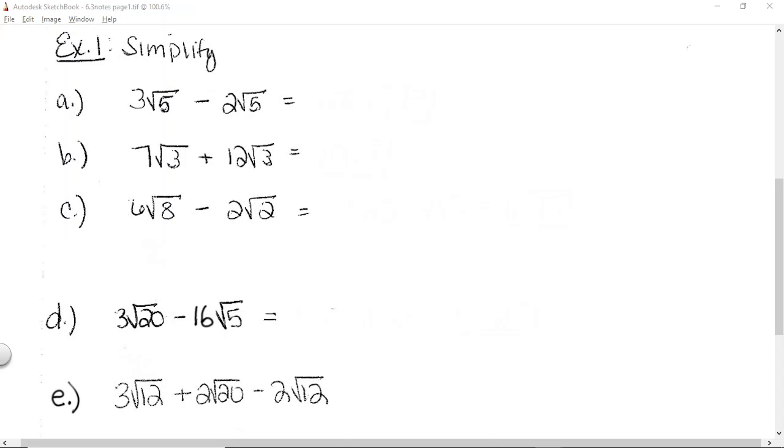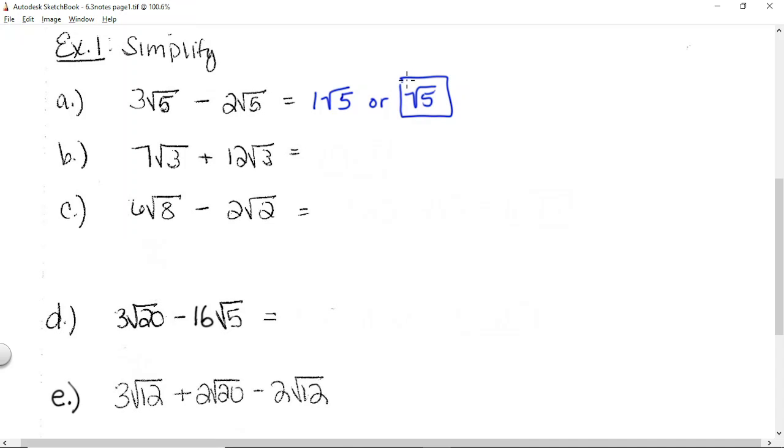So we have 3 times the square root of 5 minus 2 times the square root of 5. We subtract the coefficients. That's 3 minus 2, and that's 1 times the square root of 5. Or you can just write that as just the square root of 5, right?